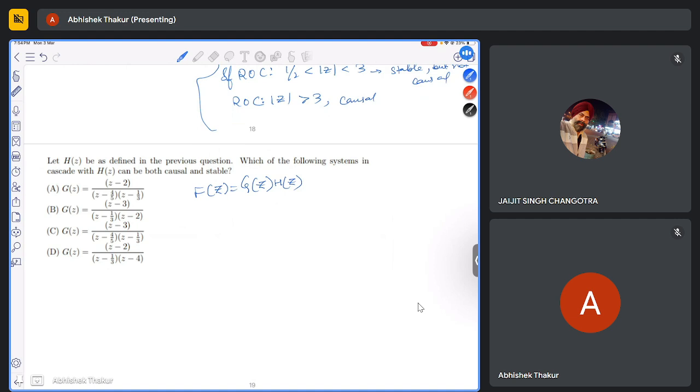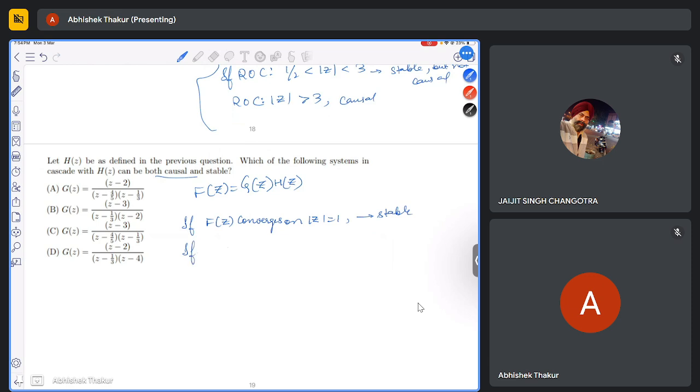The only option for which the resultant function converges on both of the contours, z equal to 1 and z tends to infinity, is the one here. We have to find the option for both causal and stable. Here, if F(z) converges on |z| equal to 1, then it is stable.